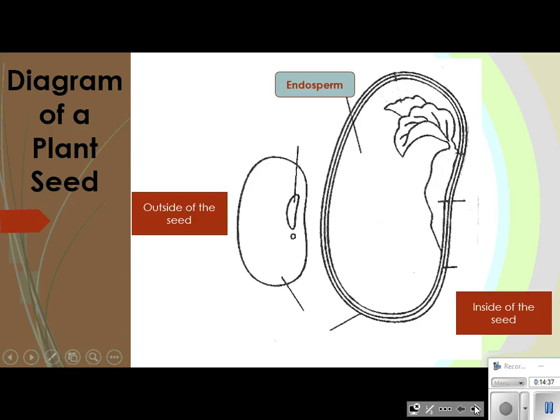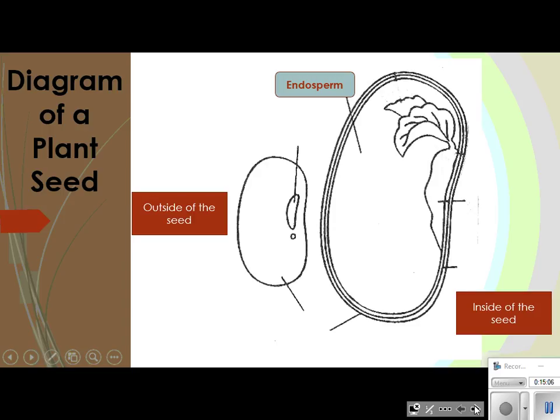What is the endosperm in the reading? Source of food for the embryo. So the endosperm is a source of food for the embryo.